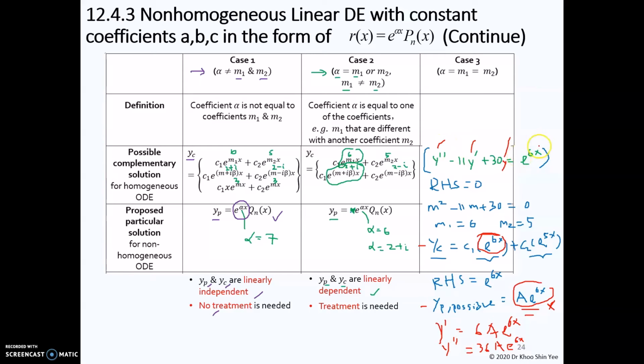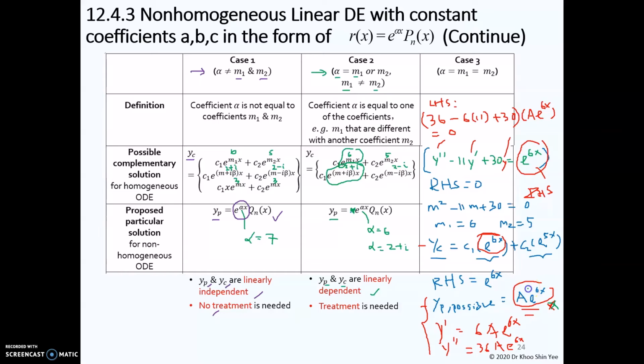Supposedly, you should obtain the right hand side equal to exponential 6x when you substitute this particular solution. Once you substitute y prime and y double prime and compute the left hand side, you should obtain 0, which is not equal to the right hand side. Therefore, we can say that the particular solution that we propose in this case is not correct.